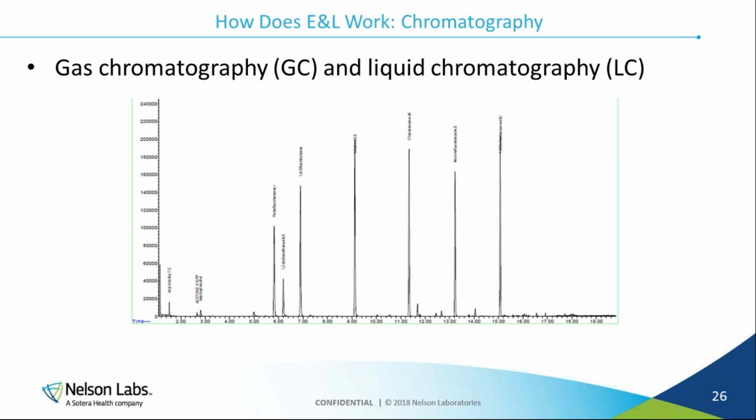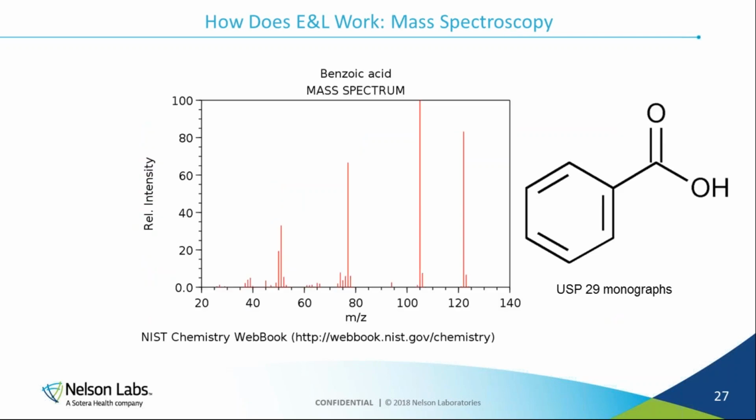So how we do the gas chromatography and liquid chromatography, just to give you an idea, is that we have the extracts go through a machine that will separate the compounds based on size. And that's what we're seeing here, is that they've differentiated here by size the compounds found in this extract solution.